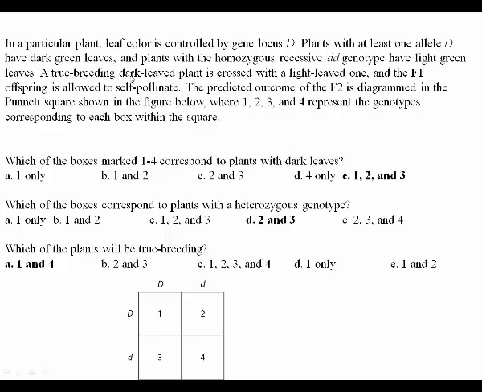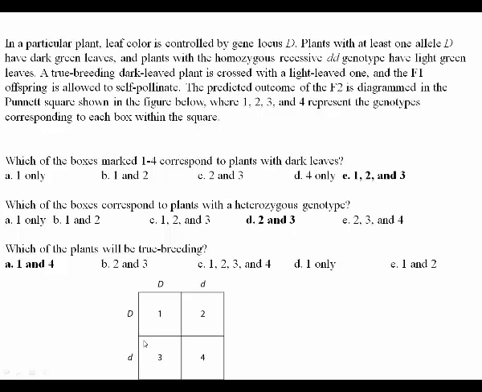A true breeding dark-leaved plant is crossed with a light-leaved plant. So big D mated with little d, and the F1, which will be heterozygous, are allowed to self-pollinate. Then the predicted outcome of the F2 is sort of diagrammed here, but I haven't put in the offspring genotypes.